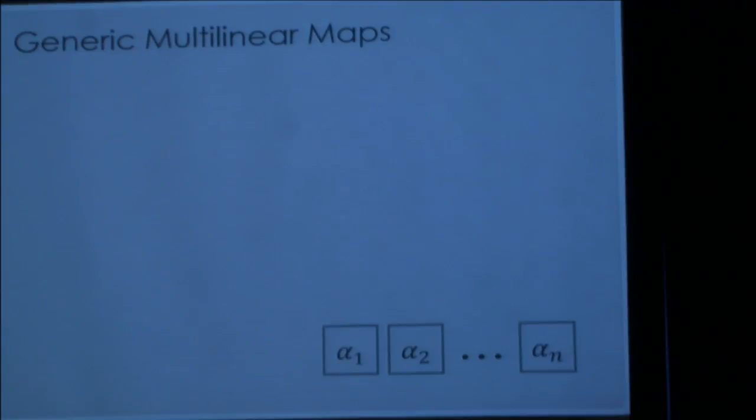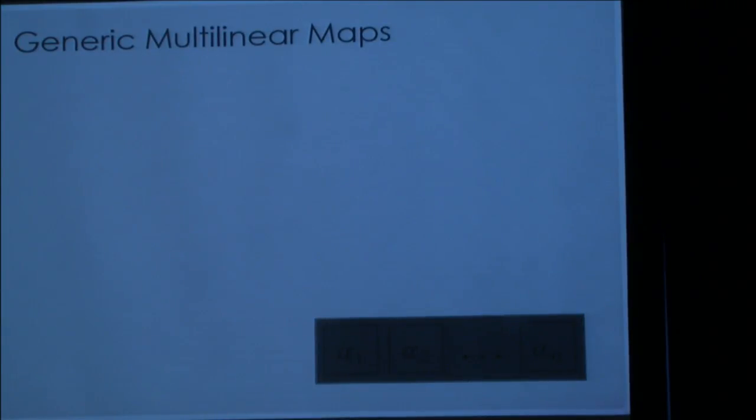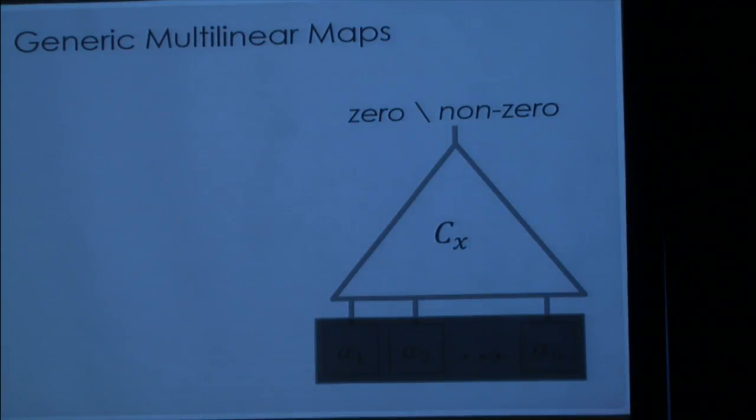In generic multilinear maps, the actual encodings are replaced with a black box. You use this black box exactly like you would use the encodings: you query the box with some multilinear arithmetic circuit, and the box tells you whether the circuit vanishes on the encodings or not. You can think of this box as an abstract way of capturing multilinear maps that have perfect security.